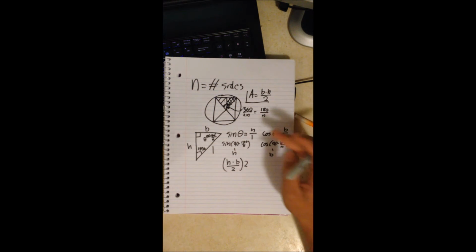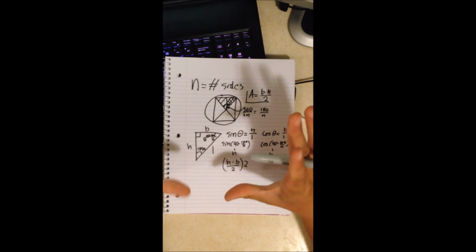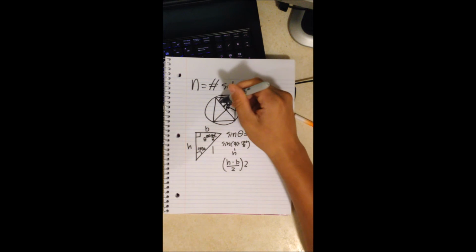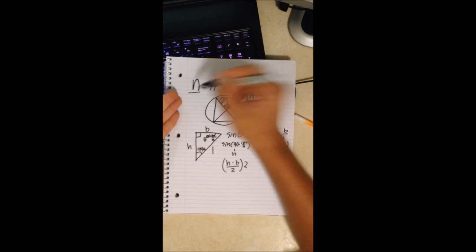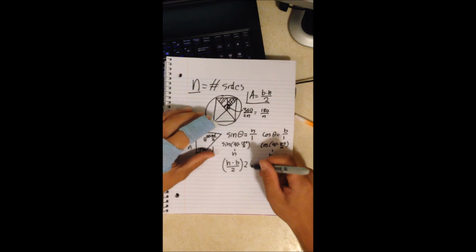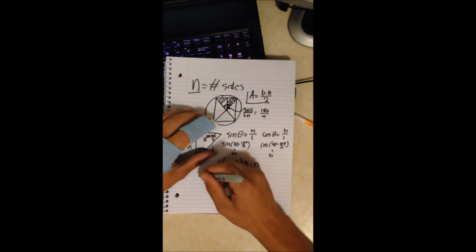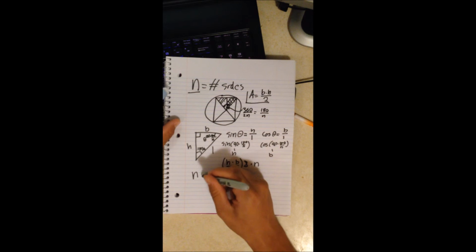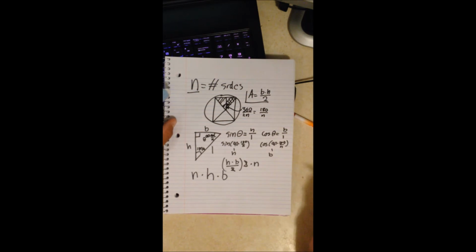And since we want to find the area of the total polygon, we multiply it by the total amount of these triangles, which is the same as the total amount of sides in the polygon, which is n. So that gives us times n. These two cancel out, and you're left with n times height times base.